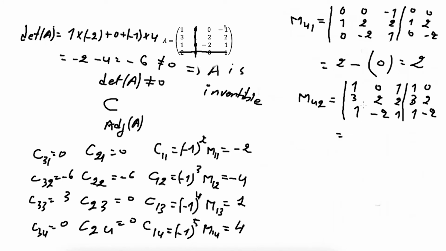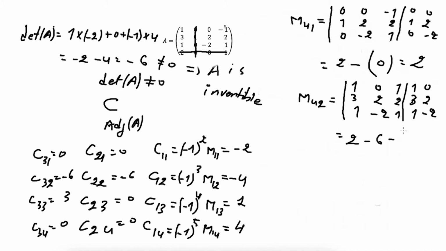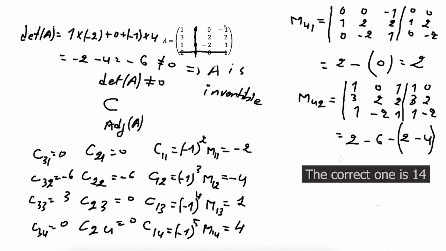This will be equal to, product of this element is 2, these are 0, and this 3 times minus 2 is minus 6, minus product of this element, 1 times 2 is 2, and 1 times 2 times minus 2 is minus 4, and here are 0, so these are 0. Here will be 2 minus 4 is minus 2 plus, it will be plus 2, and minus 6 here, so this will be equal to minus 2.